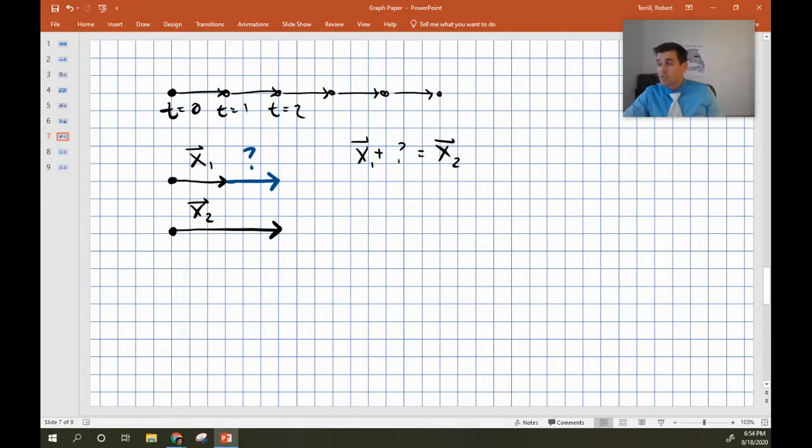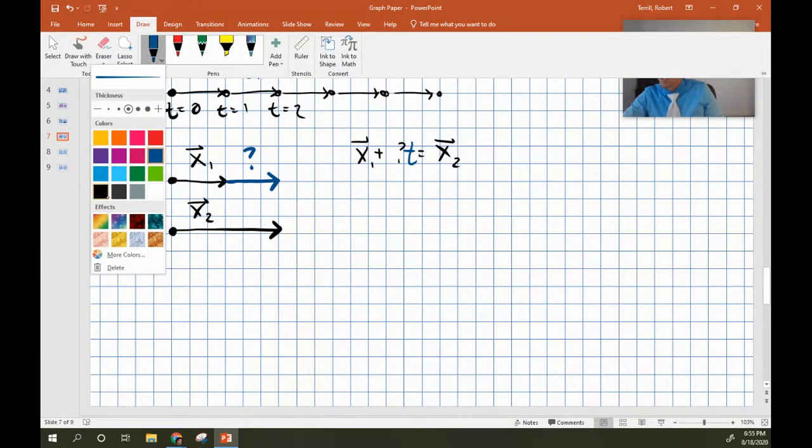So I'm going to do some fancy math real fast. One of the things I'm going to do in here is put time in there, because this was a vector that took place over a specific time interval, from time 1 to time 2. So that t there just represents time. If we play around with this equation, we could subtract x1 from both sides.